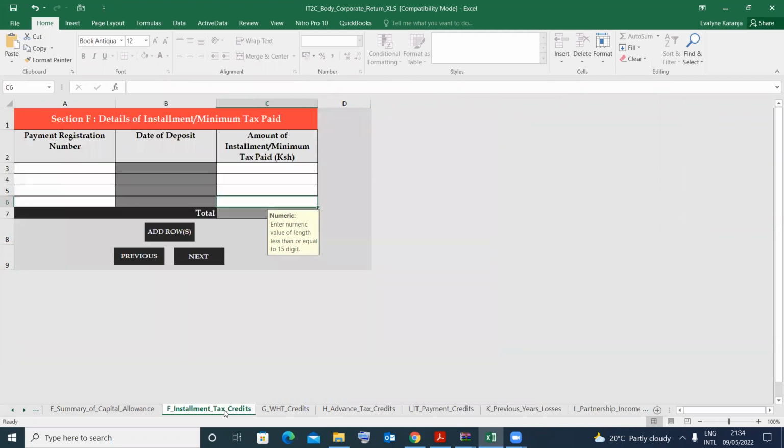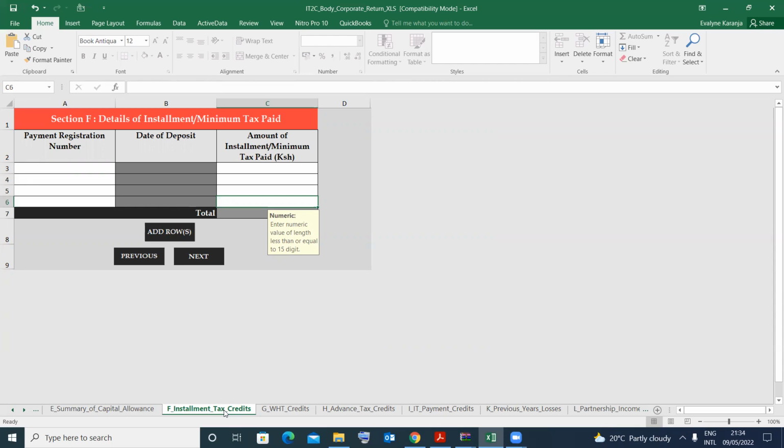So hapa ndio nilisema about installment payment. So if the company is making a profit of more than 40,000, you just make the 4 installments as venye tulisoma jana. So once you make the first installment you pay to KRA.